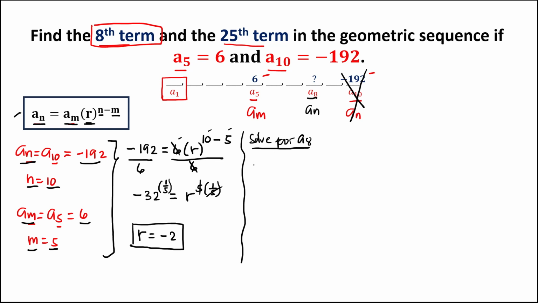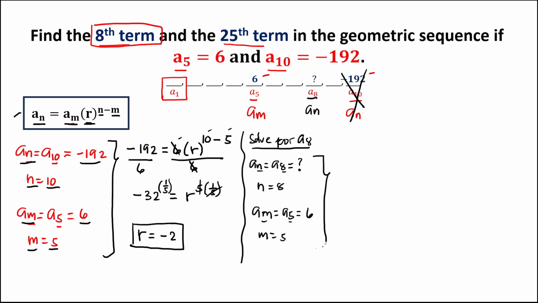So we have a sub n equals a sub 8, which is the unknown, therefore n is equal to 8. Then for a sub m, that's also equal to a sub 5, and this is equal to 6, and m is equal to 5.